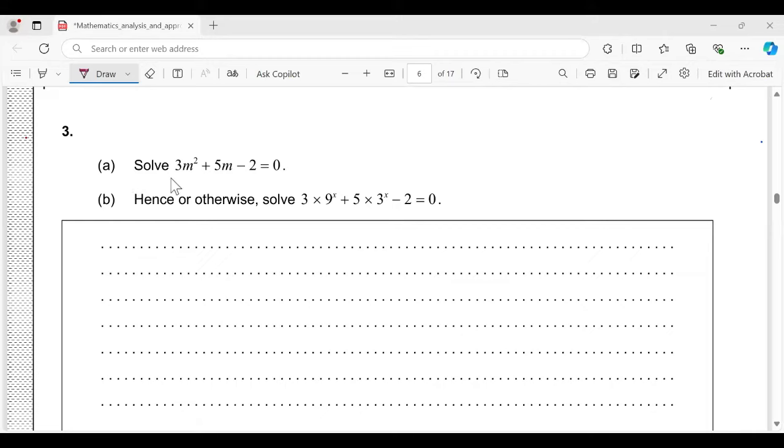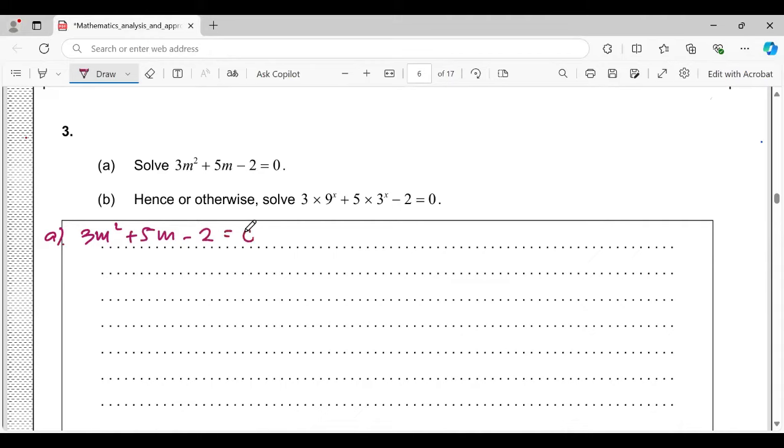3. Solve 3m squared plus 5m minus 2 equals 0. So you're going to factorize it and find the value of m.